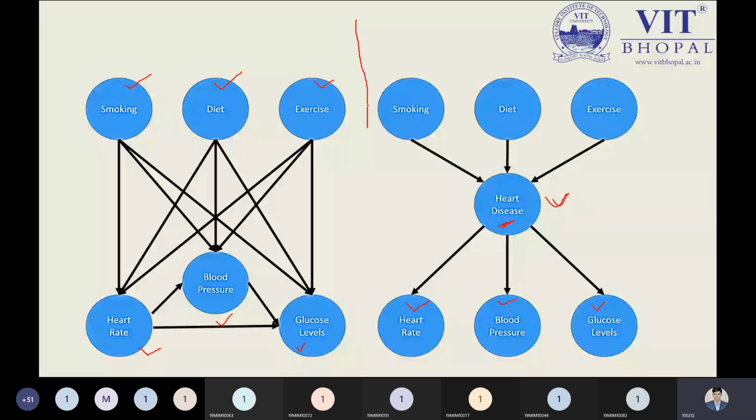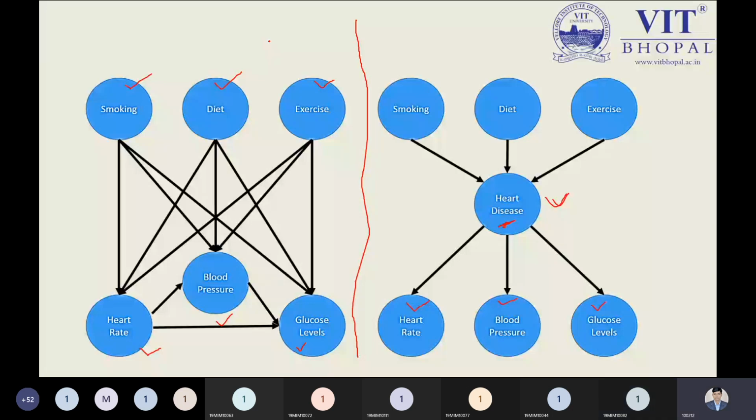Sir, in the first diagram, things are interconnected. Means the first variable is connected to, dependent on the second, the second on the third. But sir, in the second diagram, three variables are affecting the heart disease variable, and then this variable is affecting another three variables.